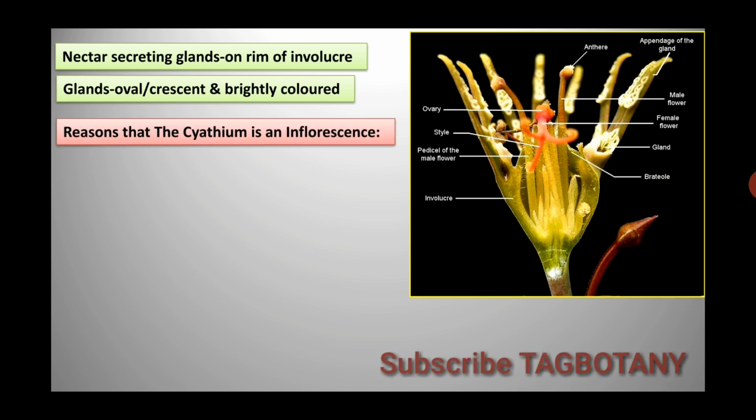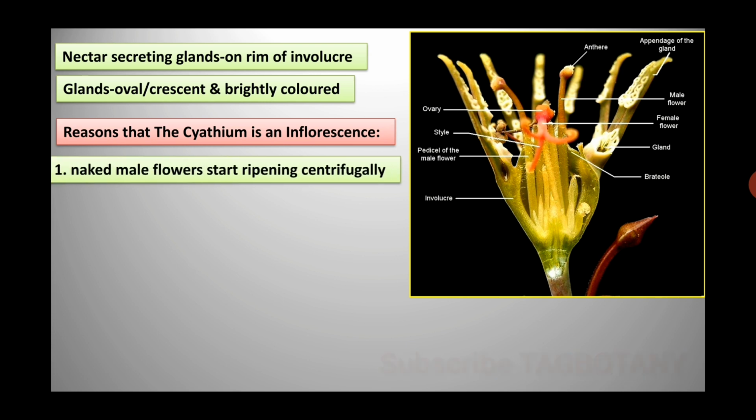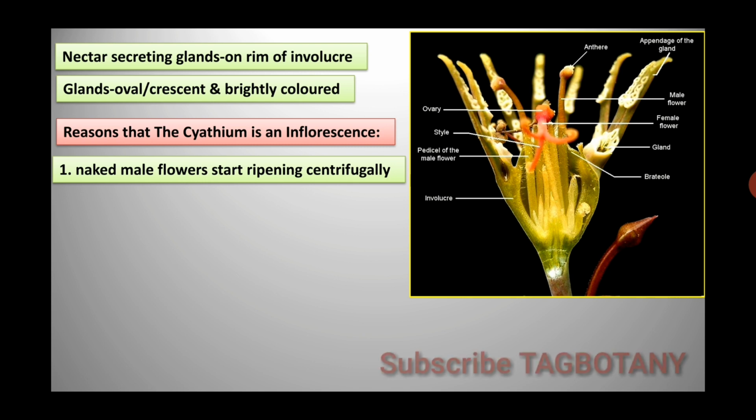So why is Cyathea an inflorescence and not a flower? Although it appears like a flower, it is not a flower, it is an inflorescence. Why is it so? The reasons behind that are: first reason, naked male flowers start ripening centrifugally.